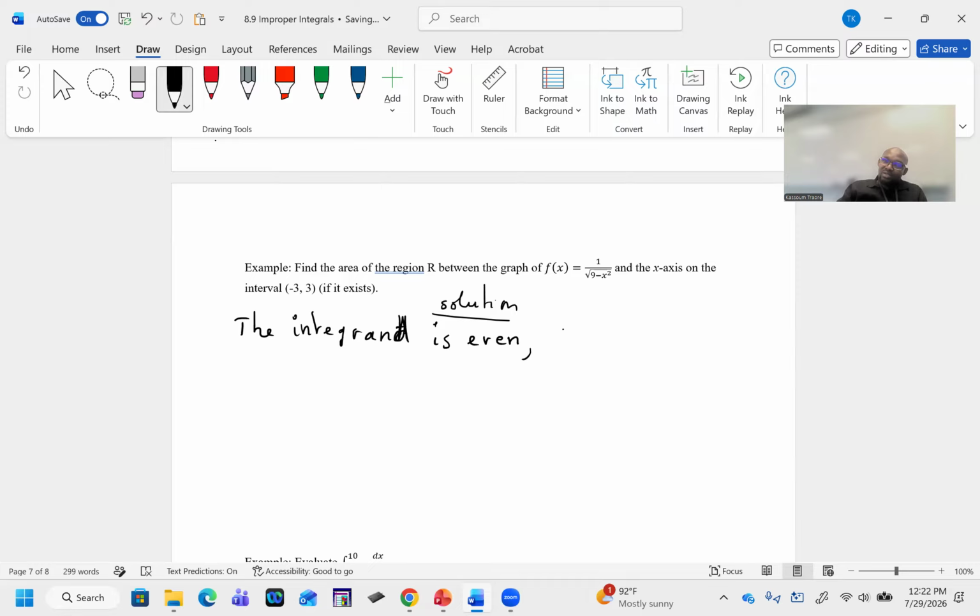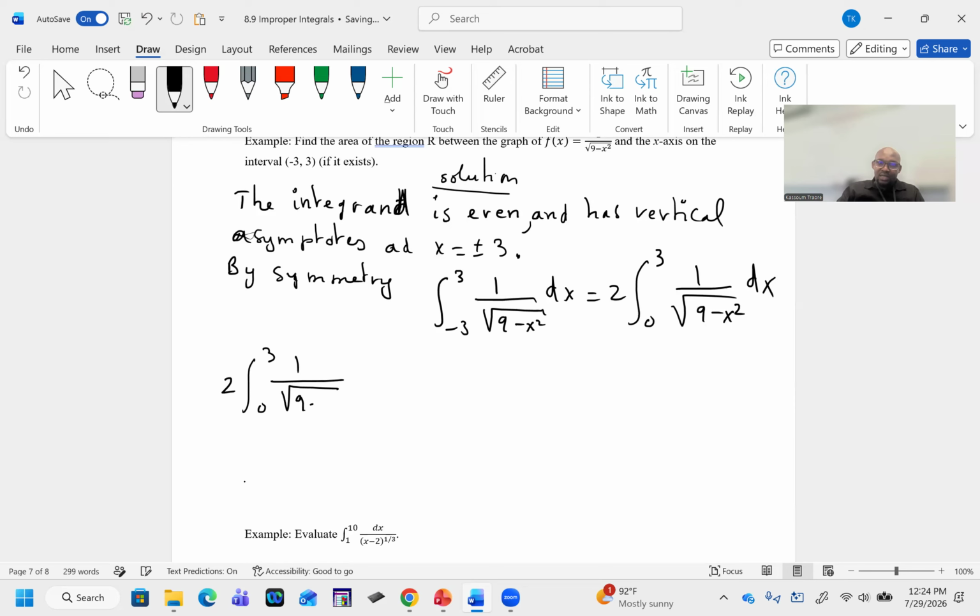So now I'm going to write my area, which is 2 times the integral from 0 to 3 of 1 divided by the square root of 9 minus x squared. Because it's unbounded at 3, I'm going to use my limit as c approaches, well, where do you think c will be approaching? 3 from the left, right?